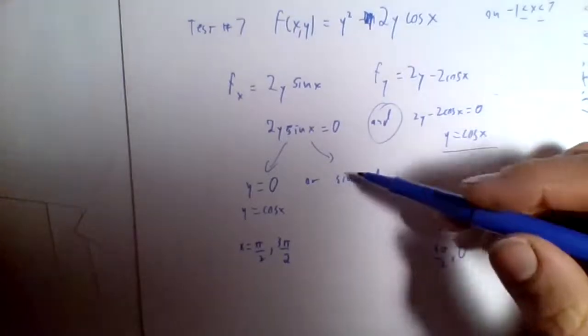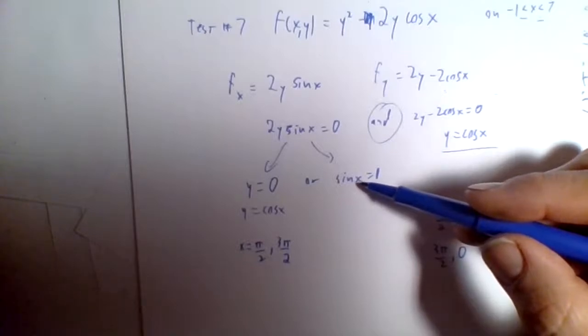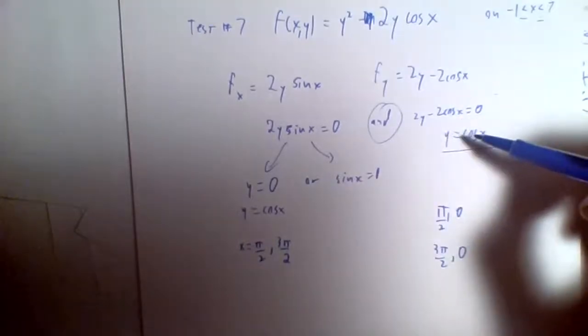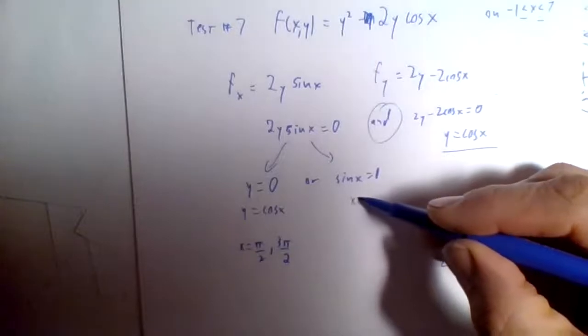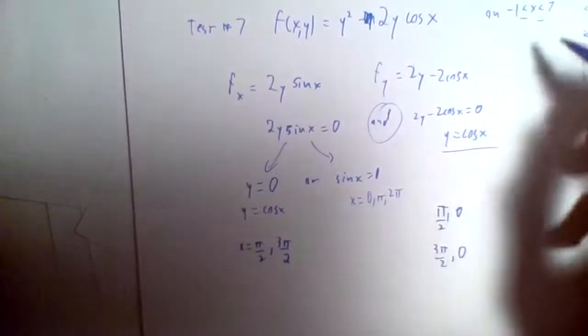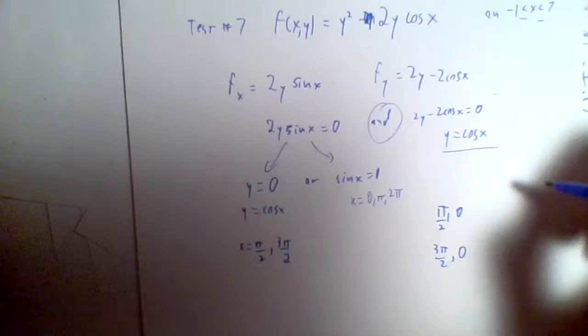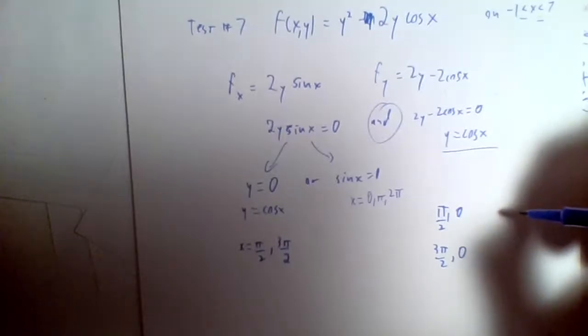And then this possibility, if sine x is 0 and y is cosine x, well, sine x is 0 means x is 0 or pi or 2 pi. Those are the ones between -1 and 7, the zeros of the sine function. And you're on y equals cosine x.